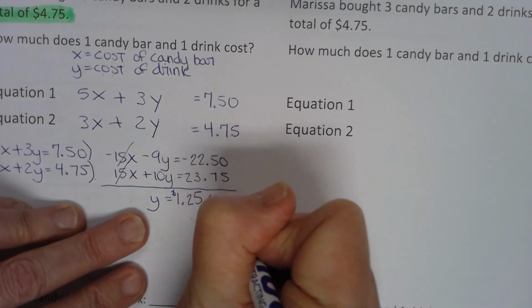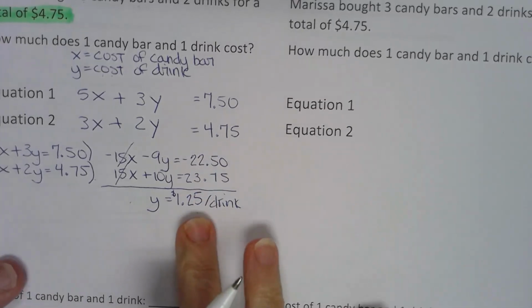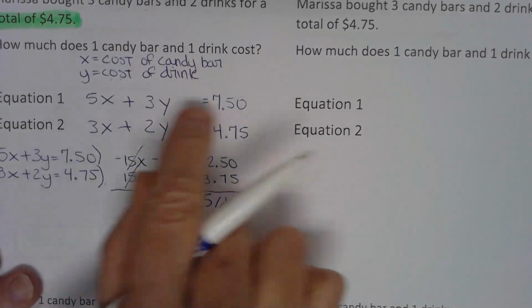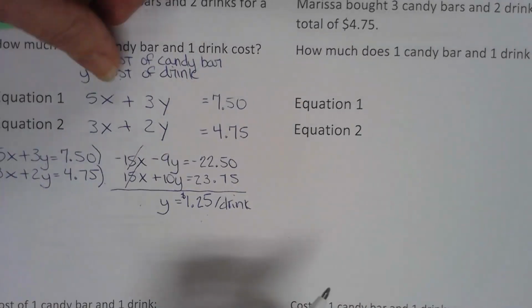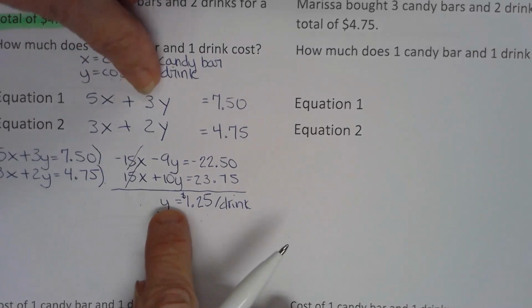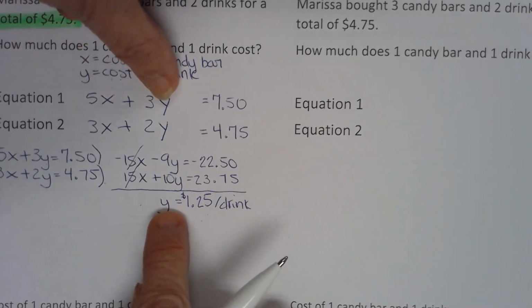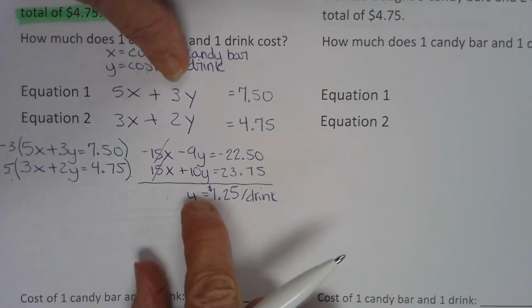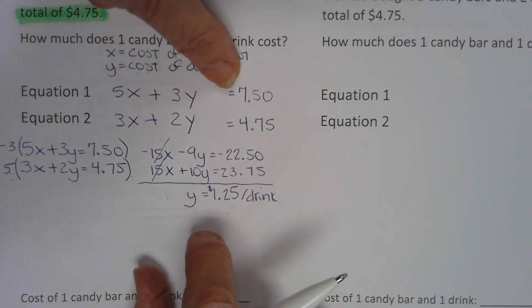So I'm just going to write that because it's going to help me out. Now I need to substitute this back in to find out the cost of a candy bar. So y'all, I'm going to the original problem. I'm just going to grab this one right here. I know that y is $1.25, so I'm going to substitute it right there. So this is what it's going to sound like. 5x plus 3 blank equals $7.50.